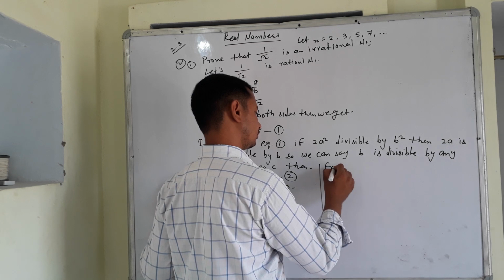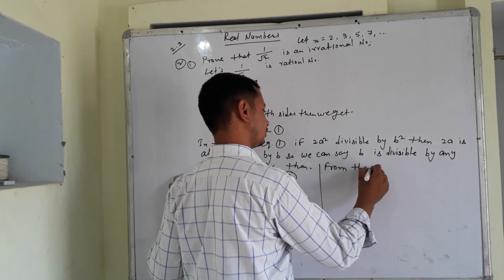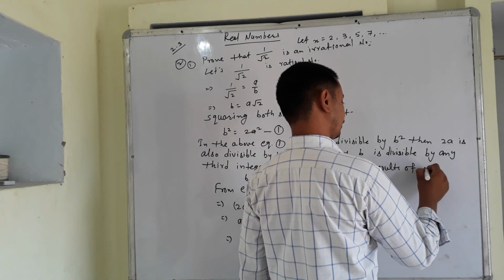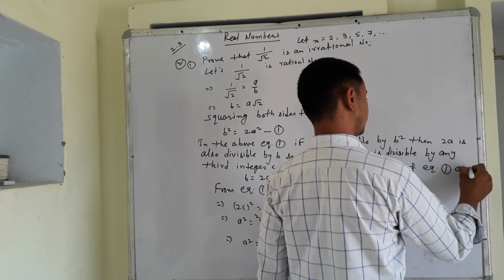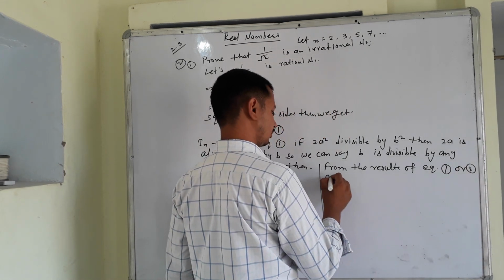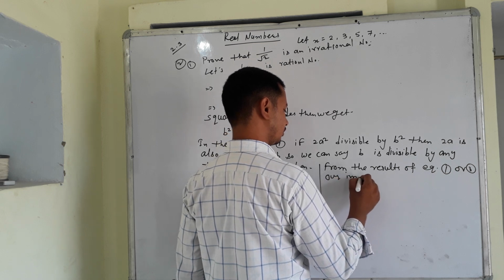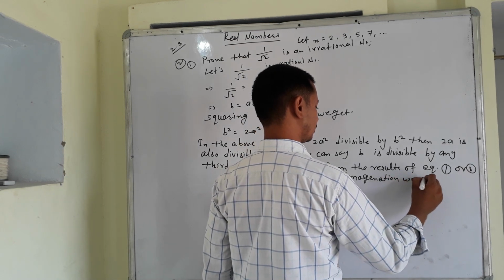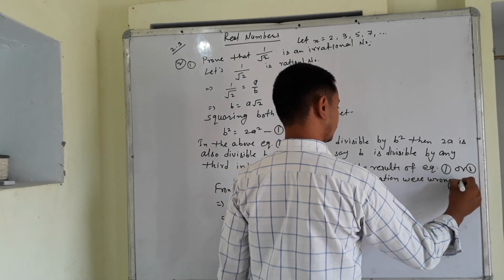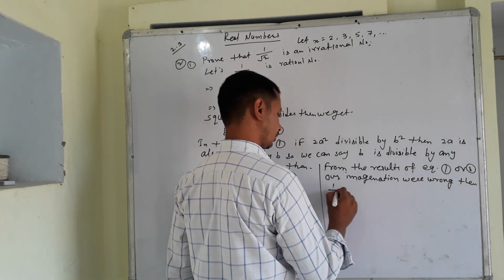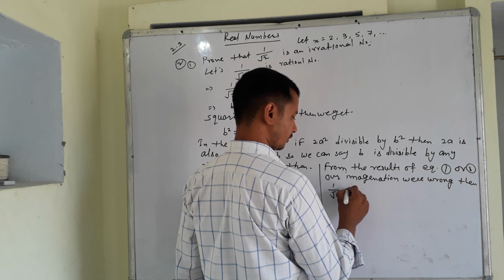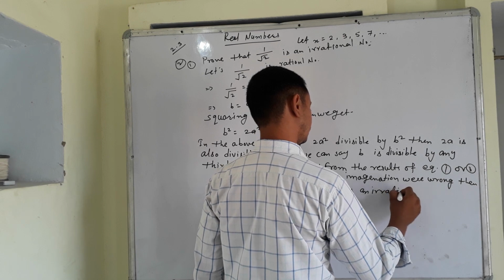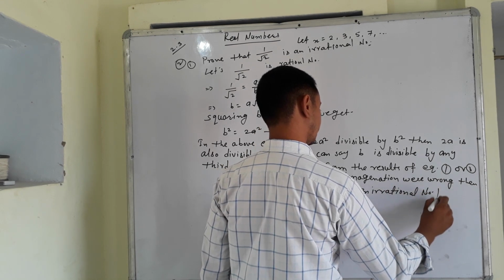From the results of equation 1 and 3, our assumption was wrong, then 1 upon square root 2 is an irrational number. Hence proved.